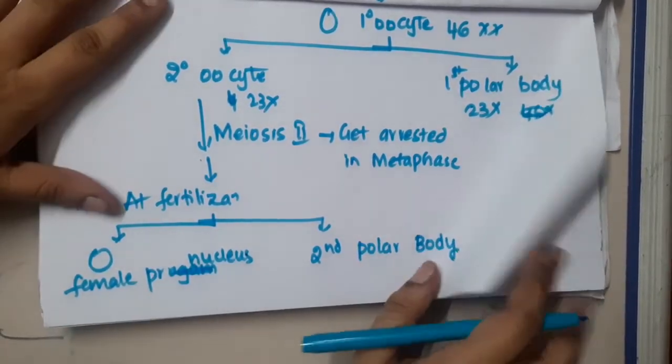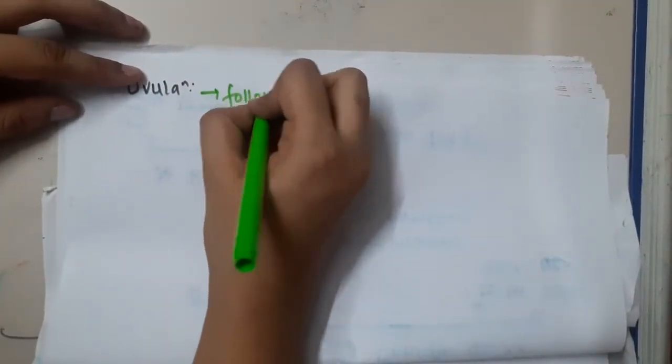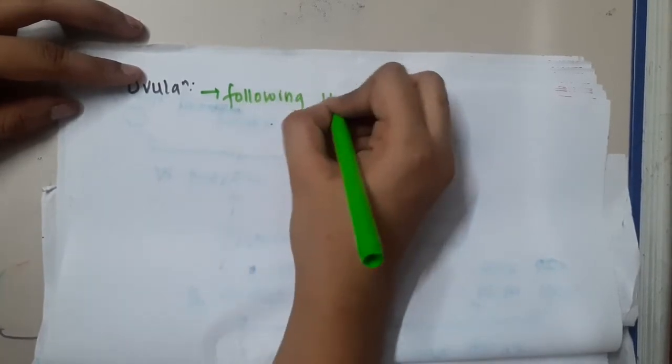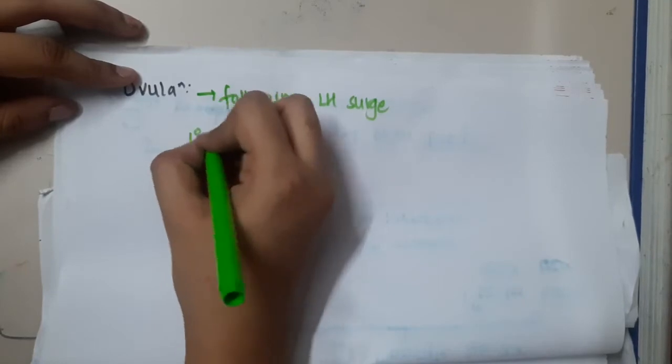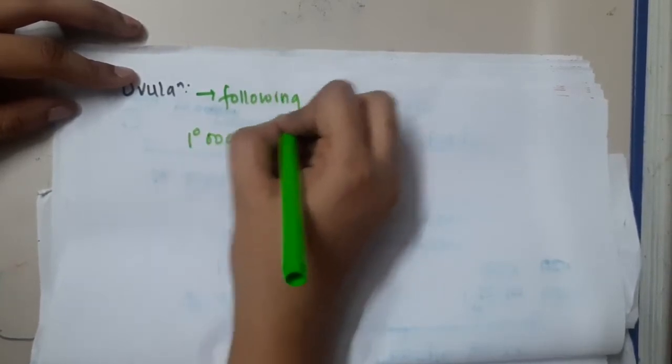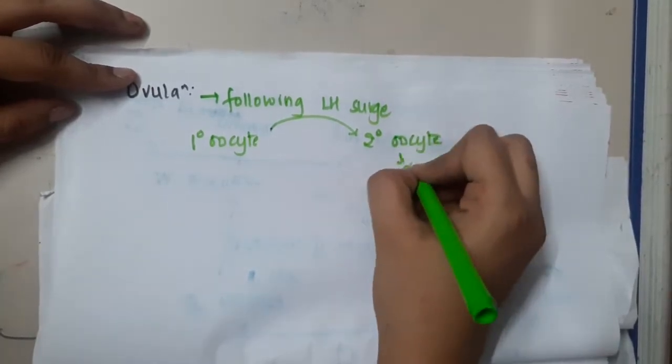Now what happens in ovulation? Next we will see ovulation. Ovulation occurs following LH surge. Following LH surge, primary oocyte gets converted to secondary oocyte, and this secondary oocyte is released.